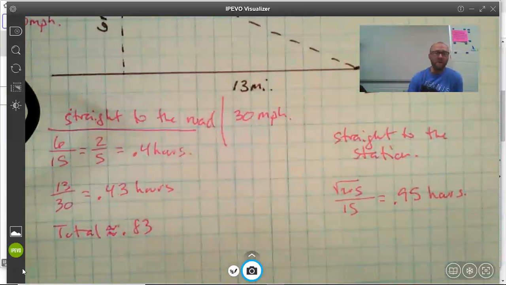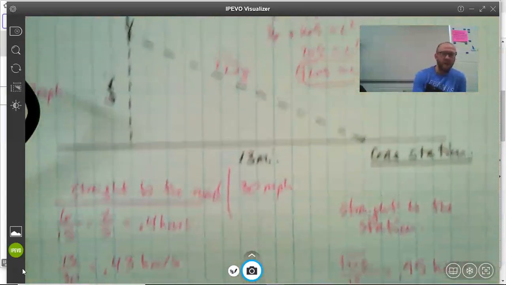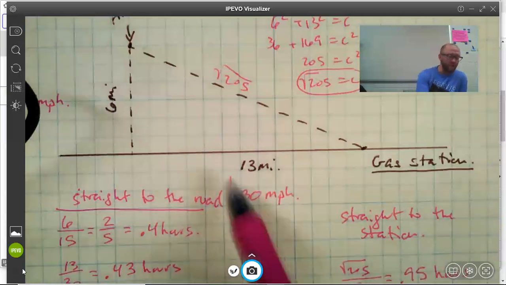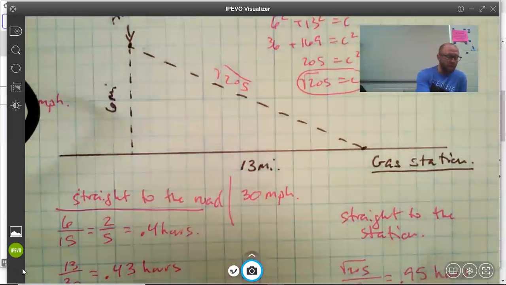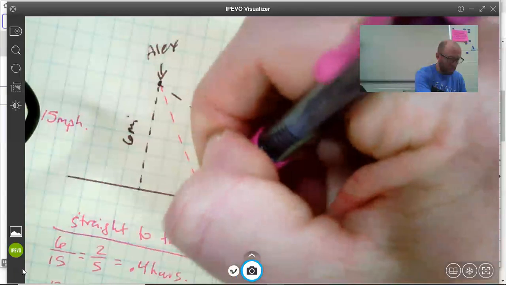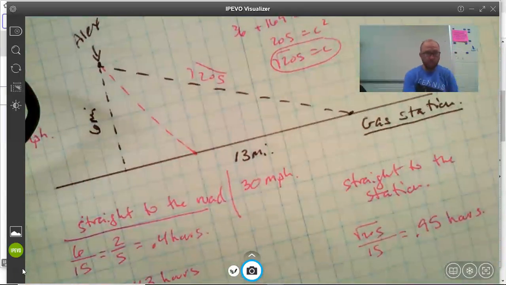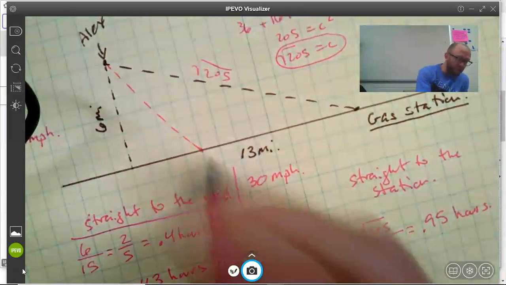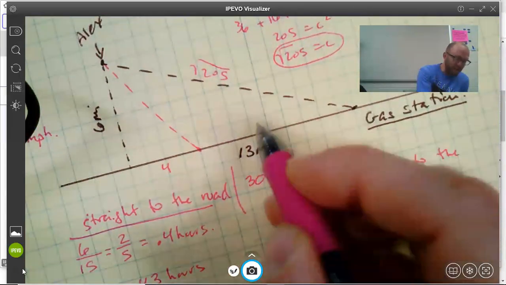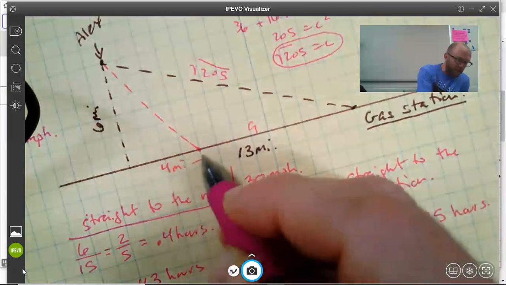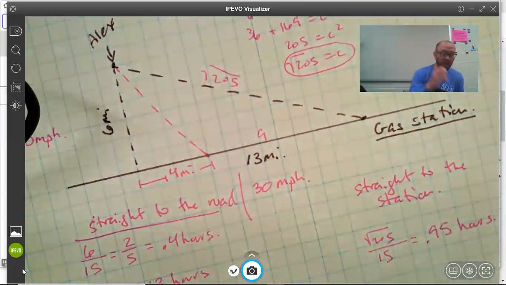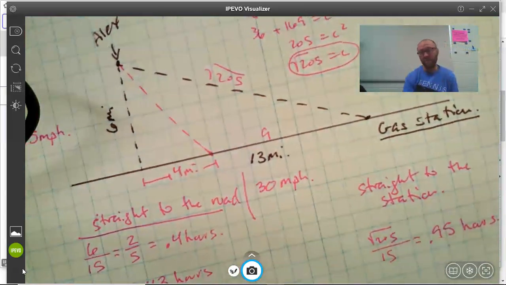But then the next question is, is there some place in between where he could head to? Maybe he drives to this point that's 4 miles along, and then through the desert, and then he does the additional 9 miles on the road.